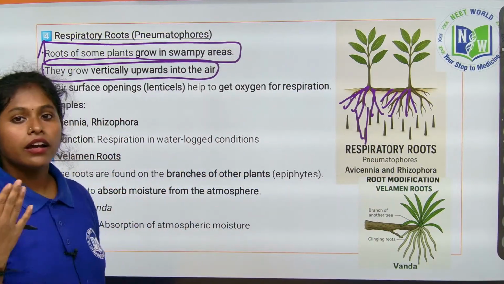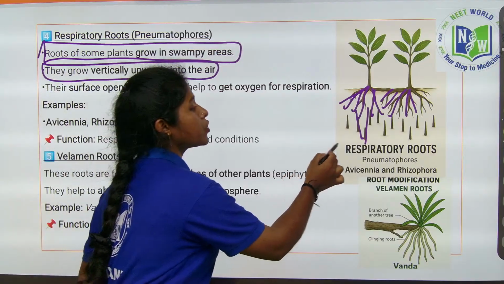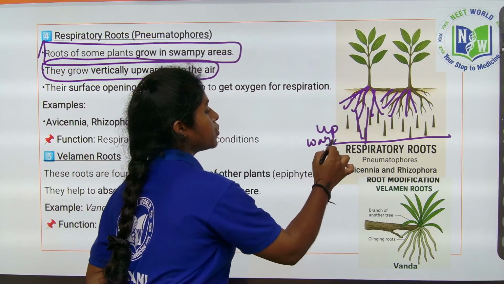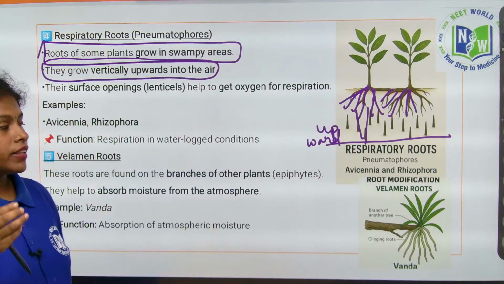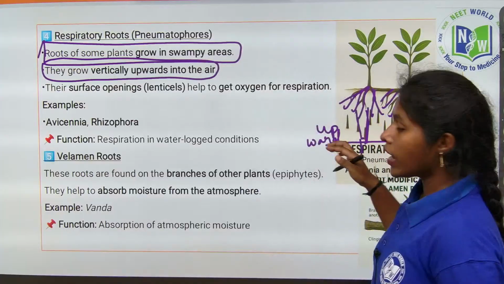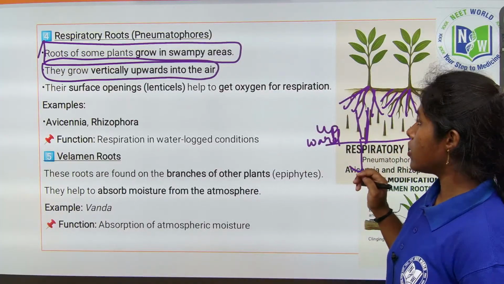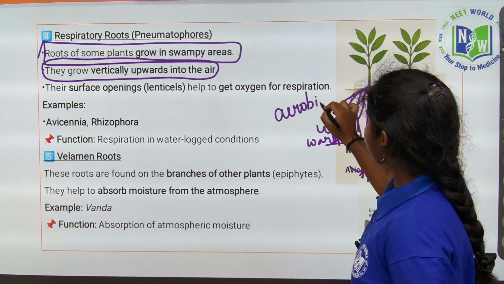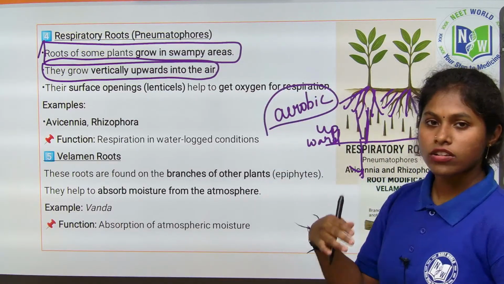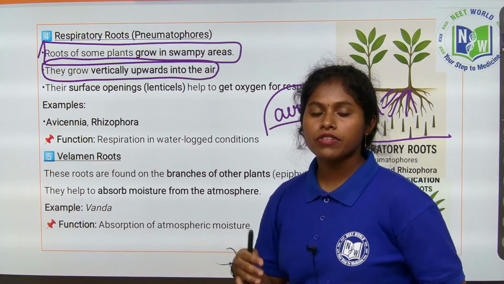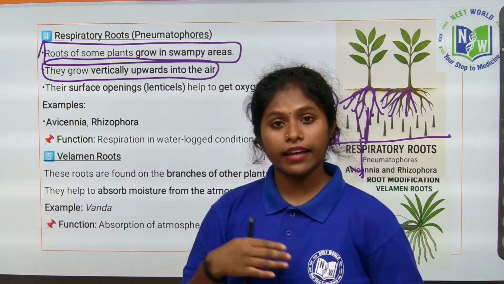Why are they growing vertically upwards, above the soil, and not towards the soil? Because the plant also needs aerobic respiration, which means it needs oxygen to get energy.